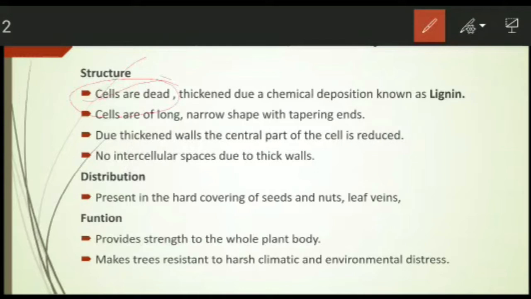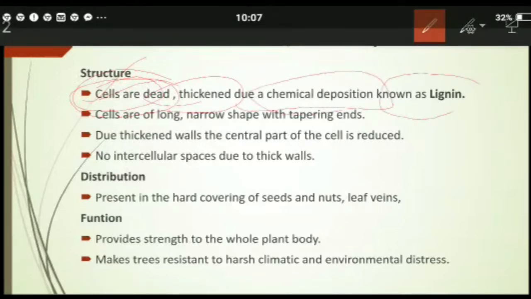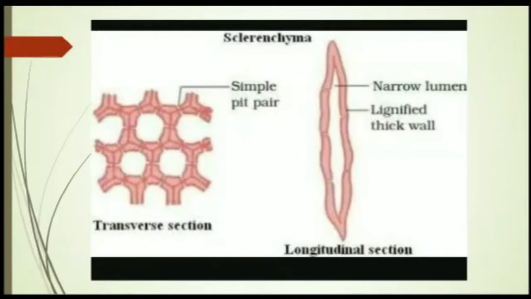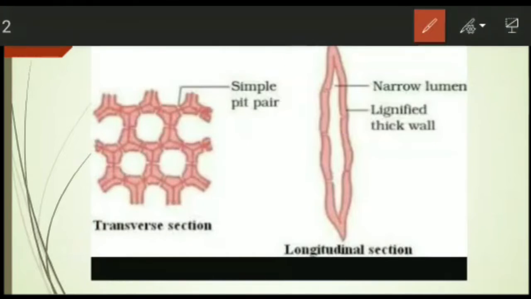So the cells die and get thickened due to the deposition of a special chemical known as lignin. Lignin is the special chemical which is deposited on the outer periphery of these dead cells. To better understand, I will show you that these are the cells.